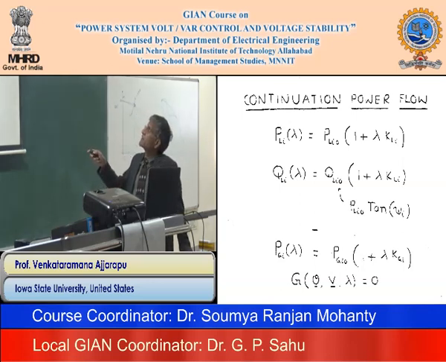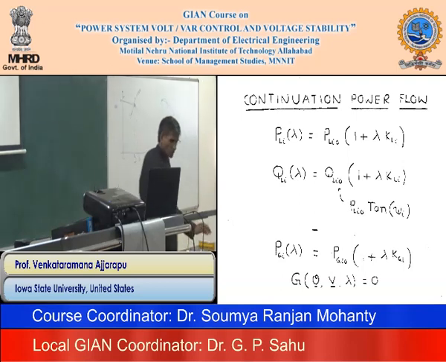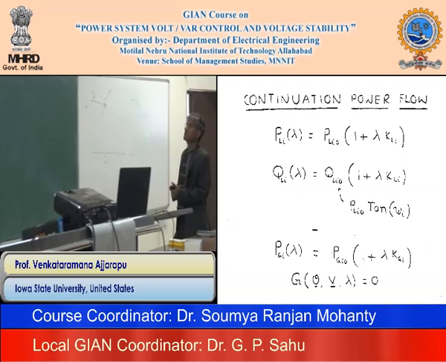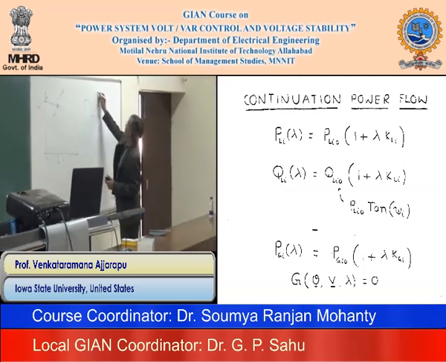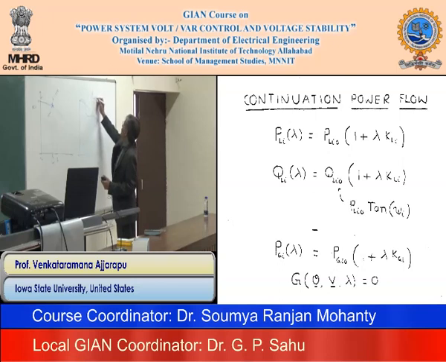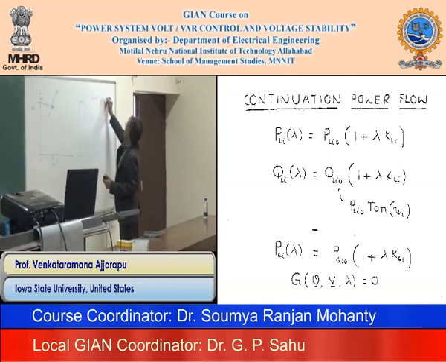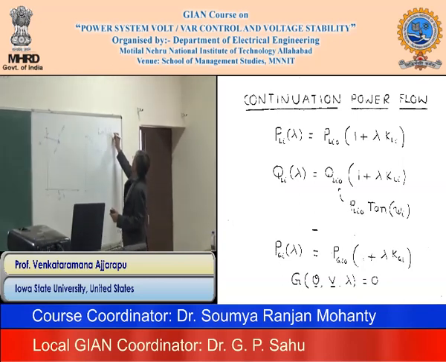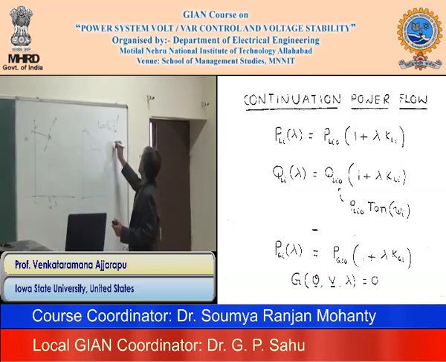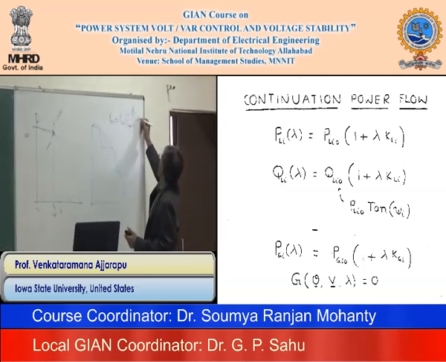Otherwise it becomes PLi0 times V by Vi to some beta. So I can write PLi0 for a nonlinear load as PLi0 times V by V reference to the power beta, then it is 1 plus lambda KLi.